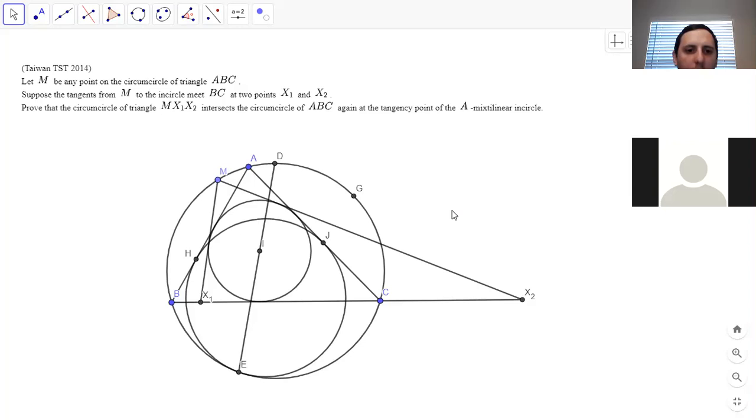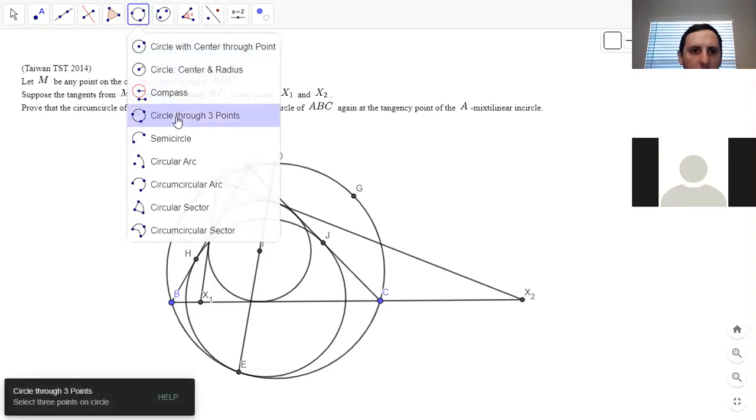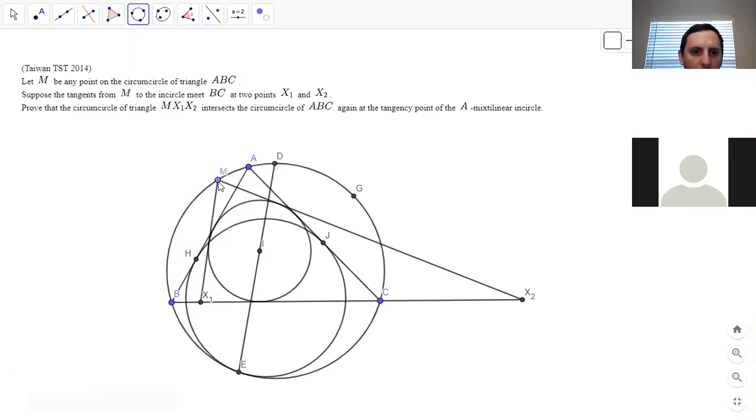Well, we have two circles that pass through M and E, but we don't have a third circle. Otherwise it might work. Yeah, we don't have three different circles passing through M and E.